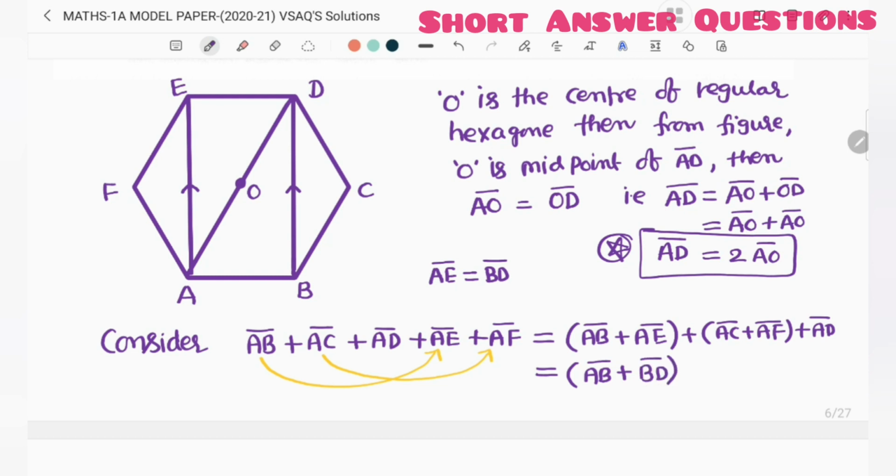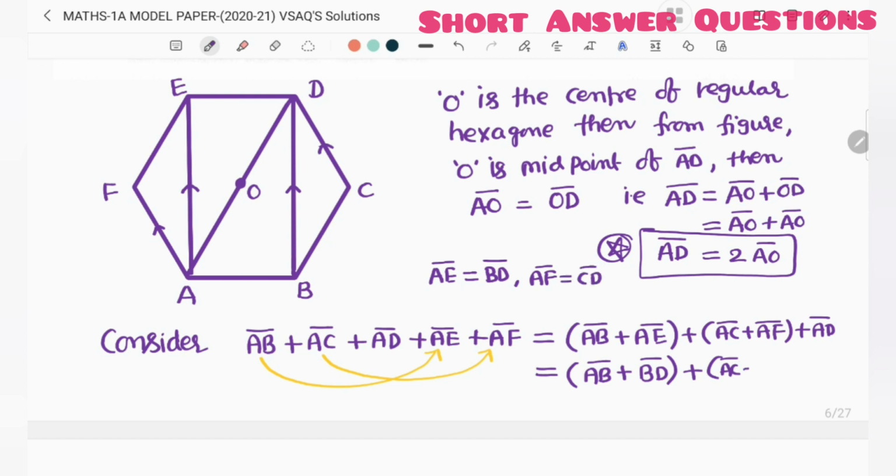I hope you understand. Plus in the next step AC bar plus, and one more, AF is equal to CD.